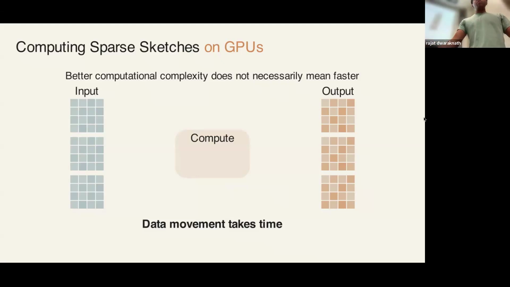Your algorithm implementation has some characteristics in terms of how much data it moves and how much compute it does. And your device has a capability: how much data it can move per second and how much compute it can do per second. And basically in the low sparsity regime, cuSparse is much more optimized and tuned to the capability of the GPU. But that is no longer true when the density becomes high.